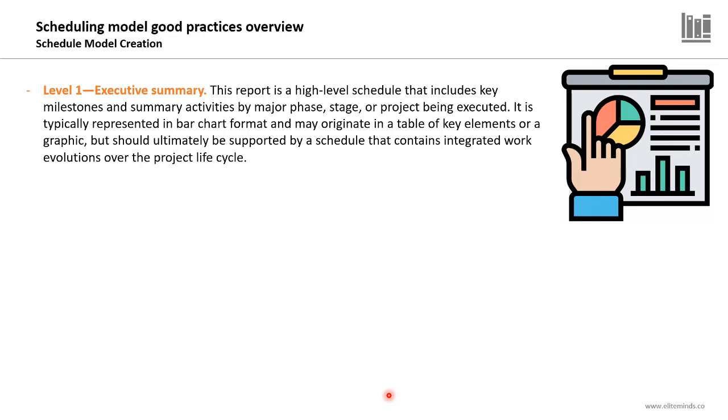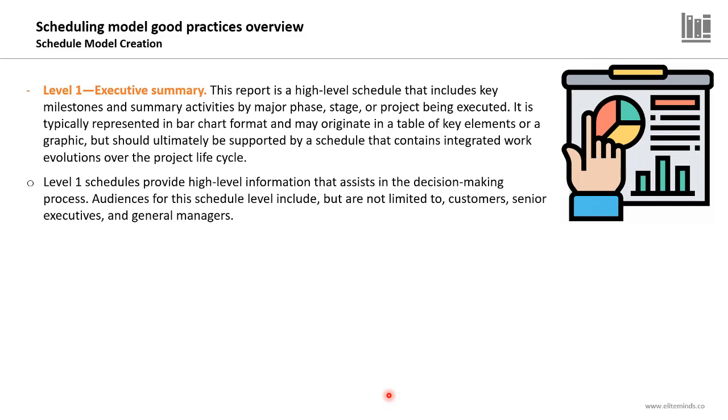The second level is level 1, which is the executive summary. This report is a high-level schedule that includes key milestones and summary activities by major phase, stage, or project being executed. It is typically represented in a bar chart format and may originate in a table of key elements or graphic, but it should ultimately be supported by a schedule that contains integrated work evolutions over the project lifecycle.